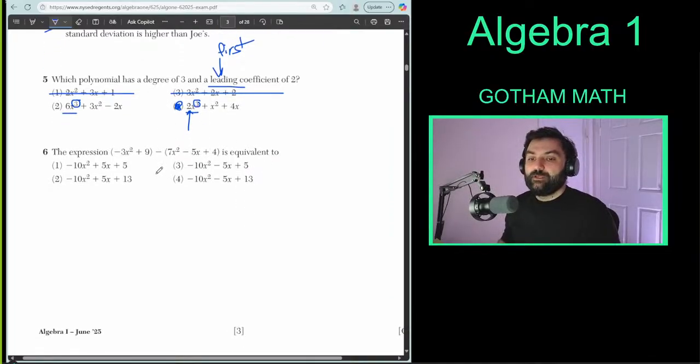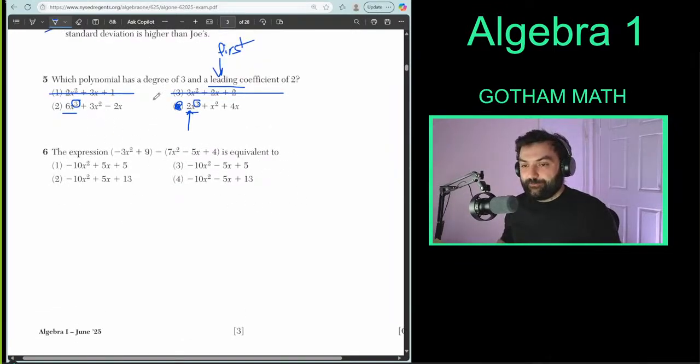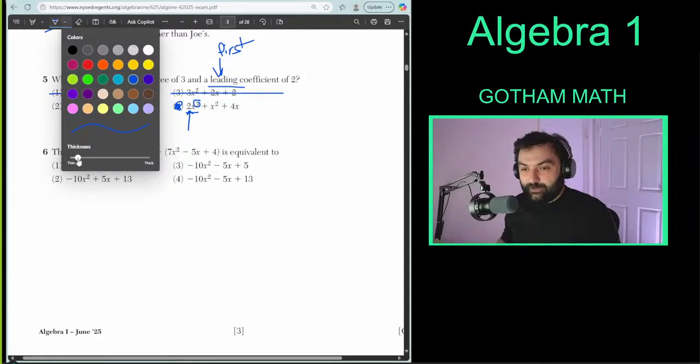All right. Number 6. So far, so good. Over here, it's just straight algebra. You just need to know how to do those things. That's all. How I teach those things is right here. Now I'm making it a little bit thicker.